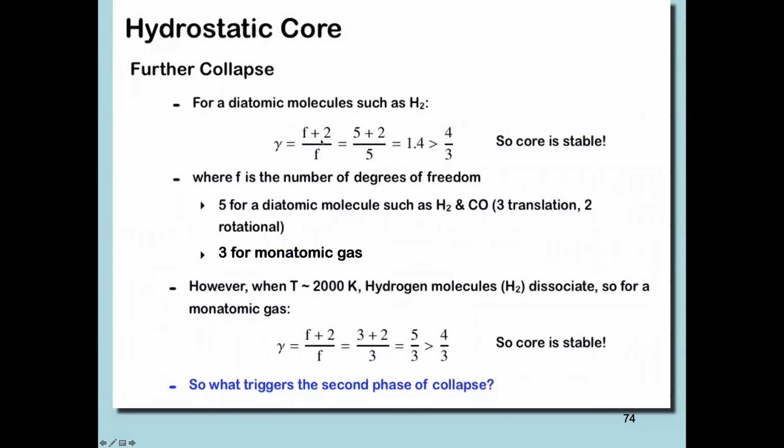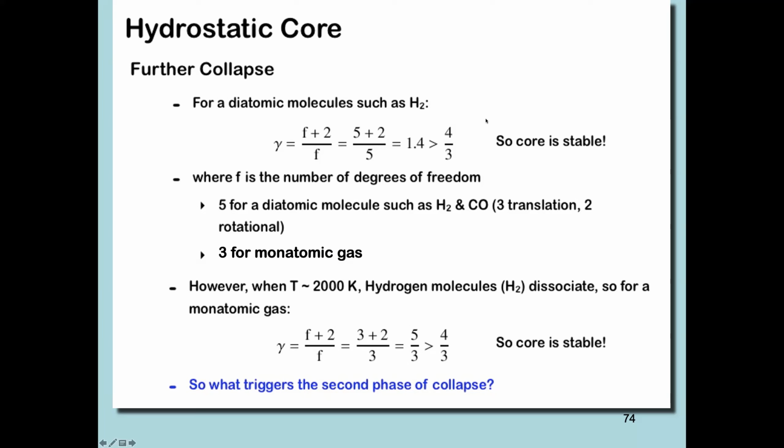So let's see, if you have H2, a diatomic molecule, you know that gamma is determined by the number of degrees of freedom of the molecule, which is 5 for a diatomic molecule because you have the two rotational motions and the translational motions, unlike for the monatomic gas where you only have the 3 translations. So you end up with gamma that is actually 1.4, which is larger than 4/3.